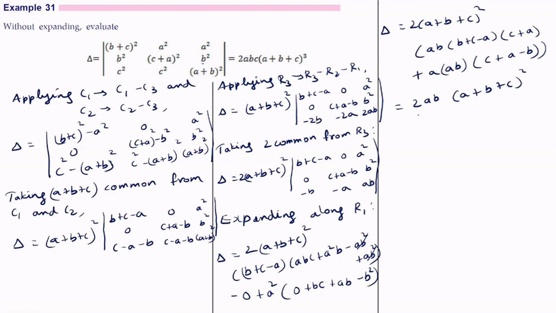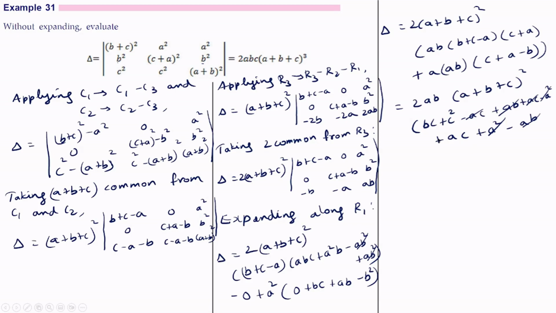So it is into bc plus c square minus ac plus ab plus ac minus a square. And here we have plus ac plus a square minus ab. So here minus ac plus ac will go, plus ab minus ab will go, minus a square plus a square will go. So we are left with bc plus c square plus ac.